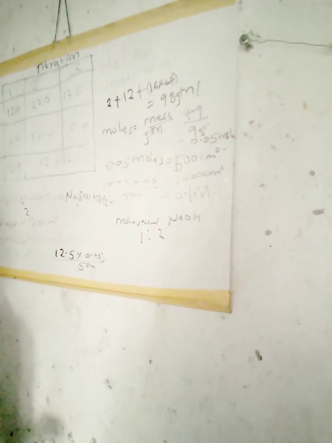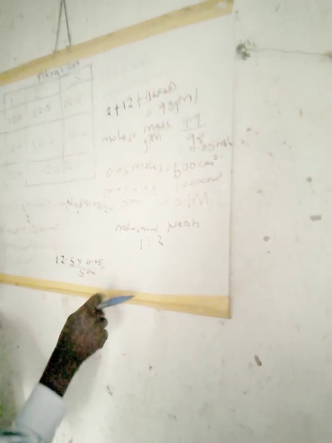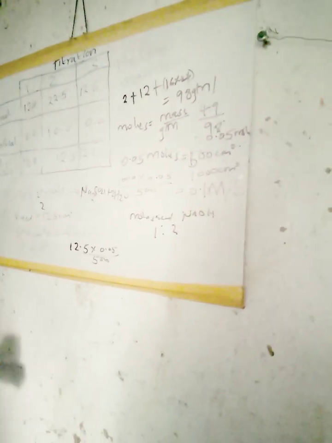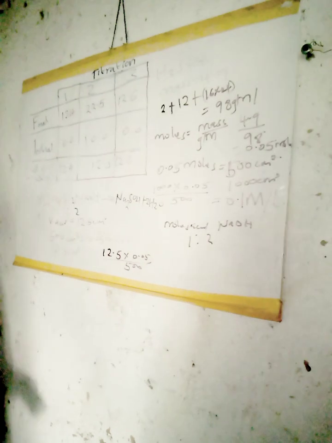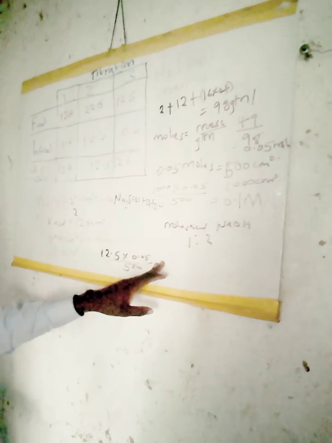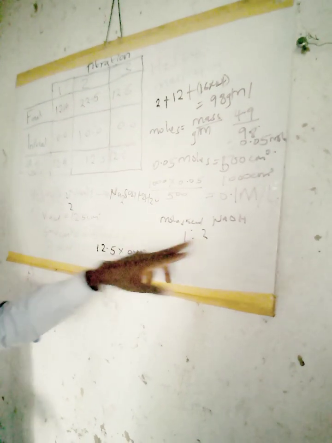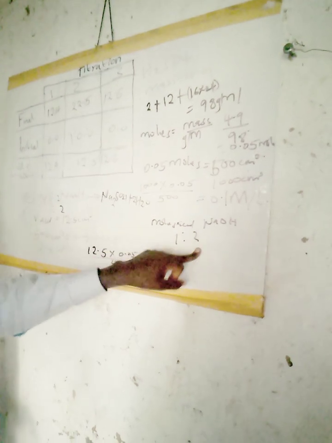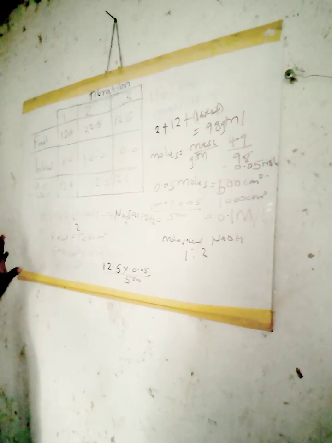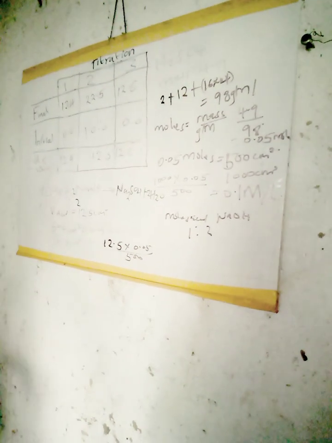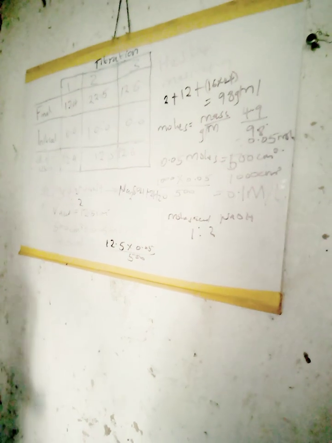It means that we are going to multiply the number of moles of acid times 2 to get the number of moles of the sodium hydroxide, because when you look at our equation, the mole ratio is 1:2. So after finding the number of moles of the acid, we will go and multiply with 2 to get the number of moles of sodium hydroxide. So this is what we call an equation. This one is guided by our stoichiometric equation for that case.